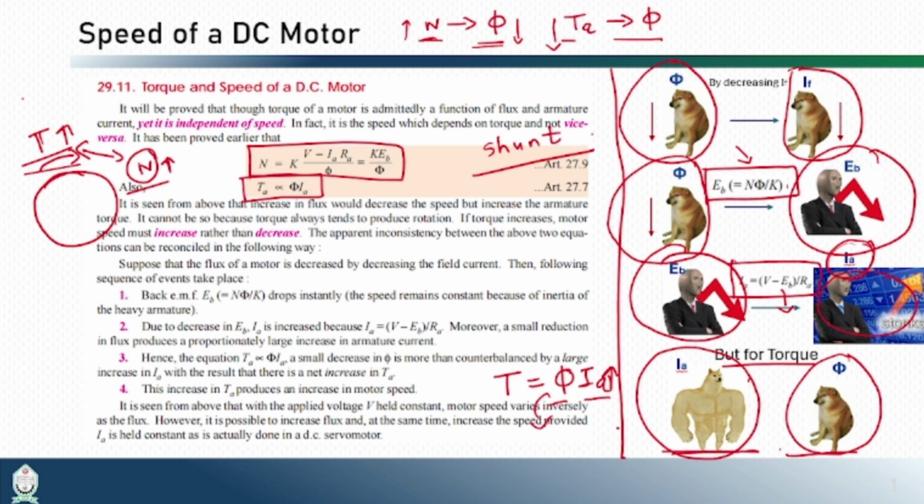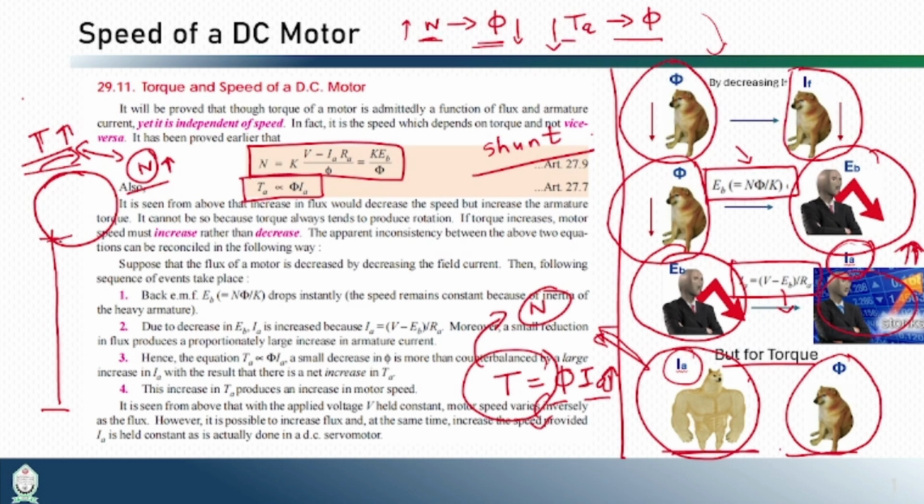As the increment in armature current is very high, the torque is basically increased. As the torque is increased, that results in an increase in the speed of the motor.